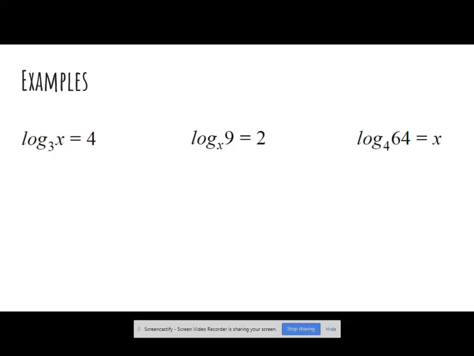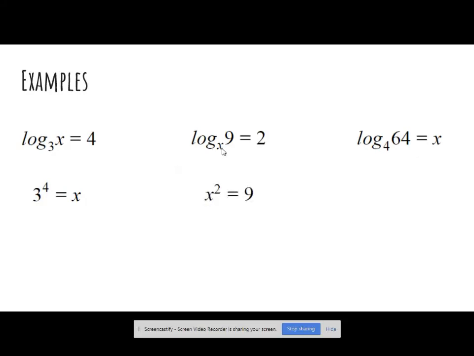If we rearrange these problems into an exponent, so the first one here, the base of the log is 3, which means the base of the exponential function is going to be 3. We're going to flip-flop the x and the 4, and so we'd end up with 3 to the 4th power equals x. Well, then I can solve. 3 times 3 times 3 times 3 is going to be 81. So I can solve that.